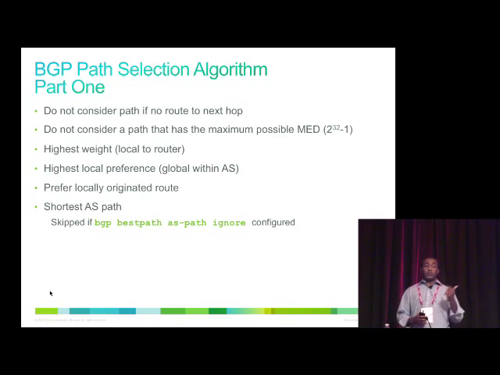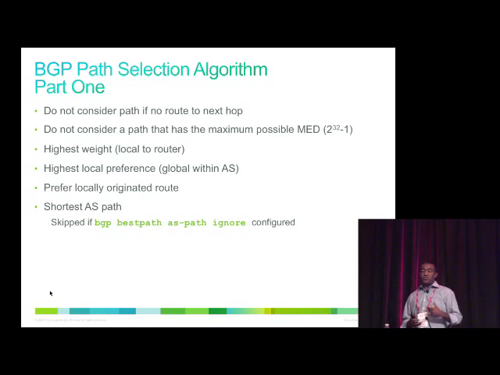The key is you do not consider a route whose next hop is not reachable. If a path has a next hop that's not reachable, you just discard it. You do not consider a path that has the highest MED value, which is 2^32 minus 1. You also discard that.